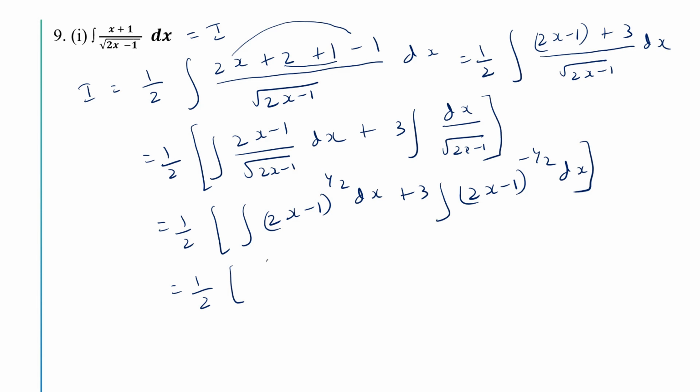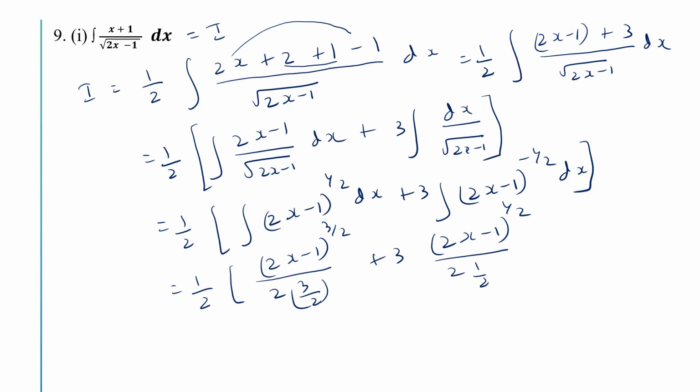So this is (2x minus 1) the whole raised to 3 by 2 divided by 2 into 3 by 2 plus 3 into (2x minus 1) the whole raised to half divided by 2 into half plus c.